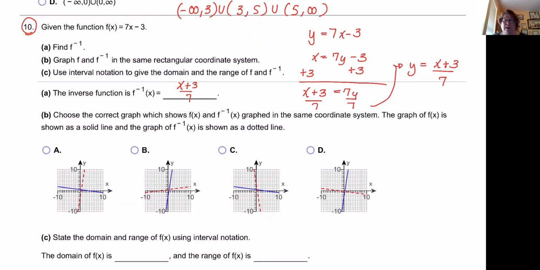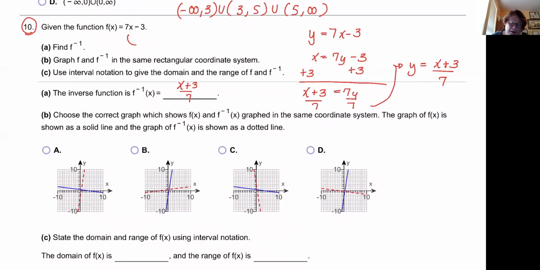And then we need to determine the graphs. As you recall, when we went over this in class, we did this by excluding the graphs that do not fit our scenario. For example, graph A does not fit because both our graphs are lines, but both these lines have positive slope.